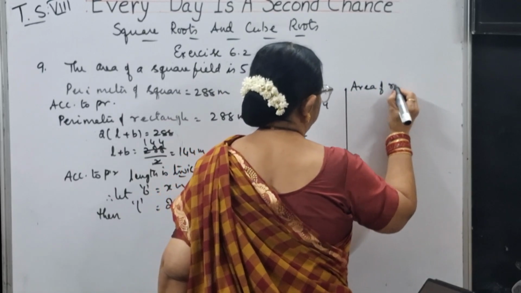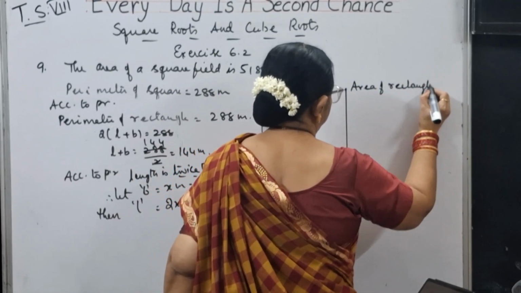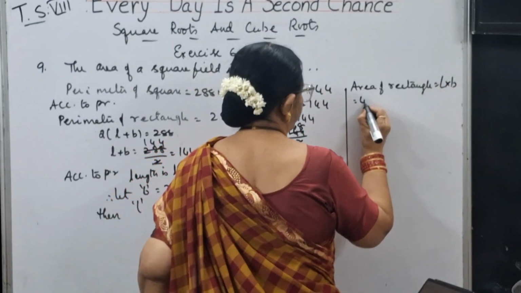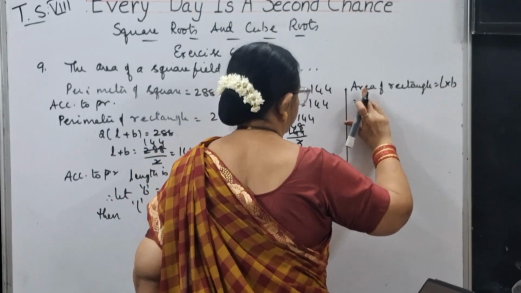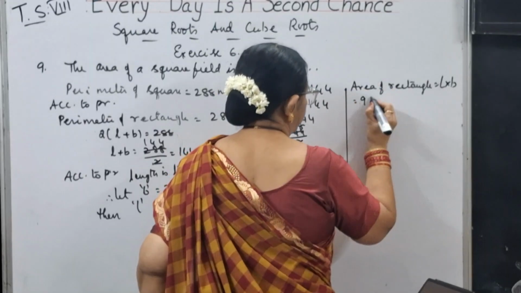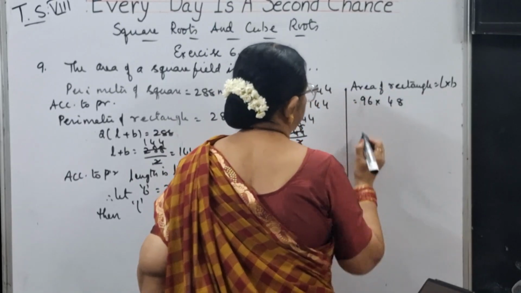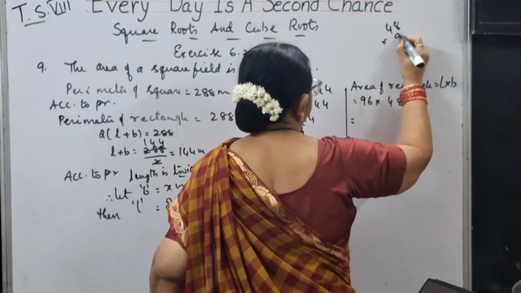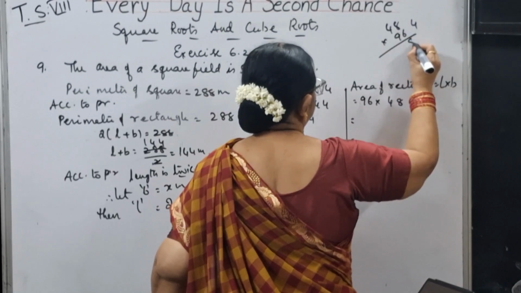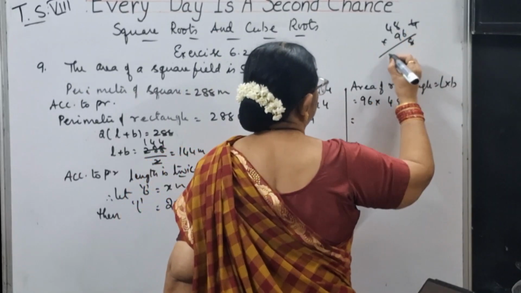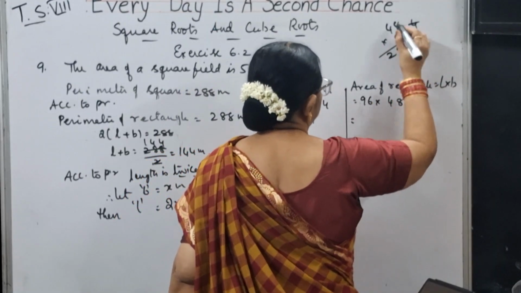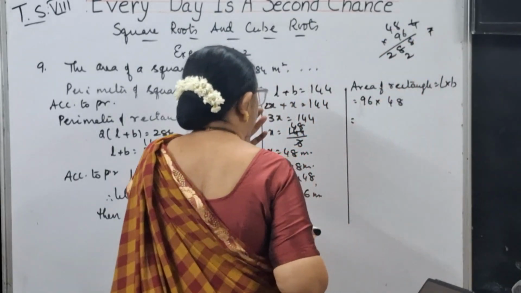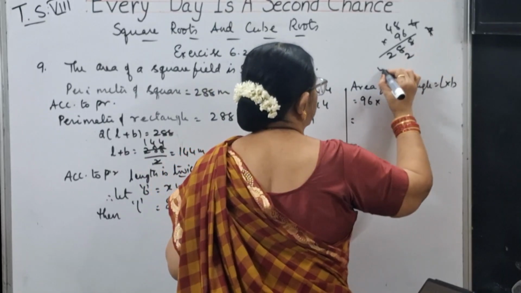So area of rectangle. What is the formula? L into B. That is equal to L is 96, length is 96 into 48. So 48 multiply by 96, 6 8s are 48. 24, 24 for 28, 9 8s are 72, 2, 7, 9 4s are 36. 36 for 40, 43.